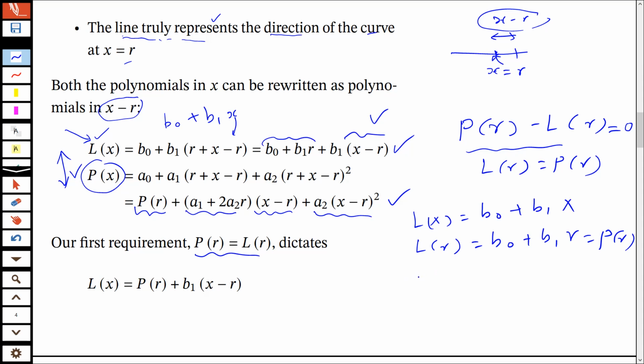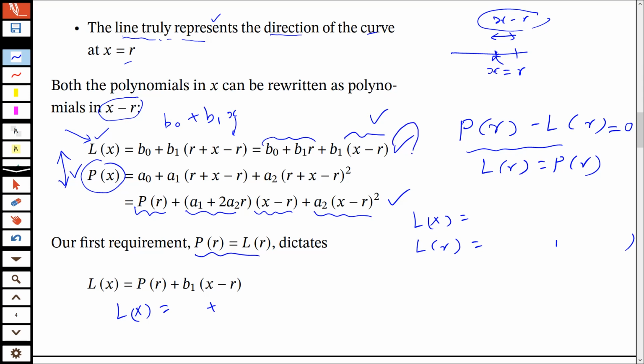Let me do some trick here. L of x must be b0 plus, actually, I should have used that form to simplify my life, because I don't want to lose that trick.